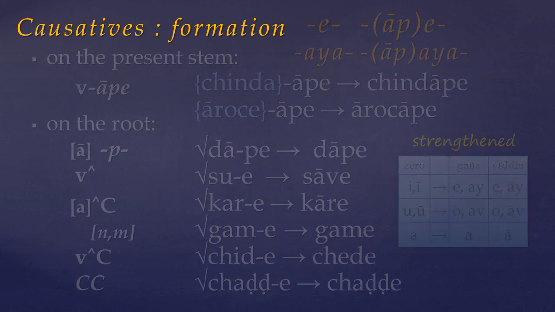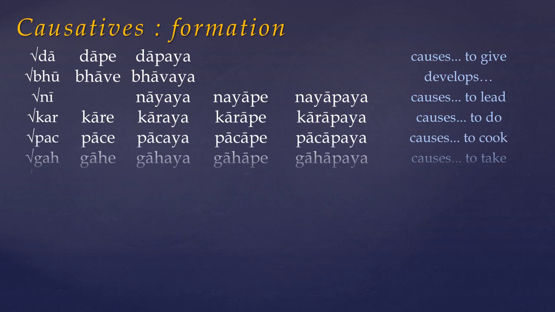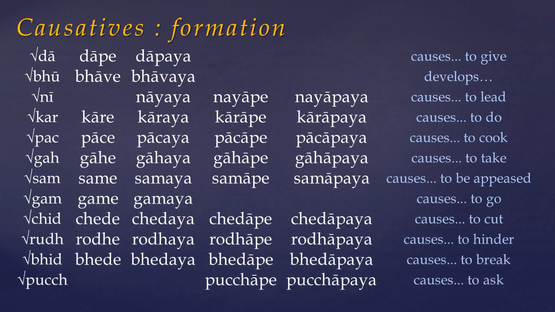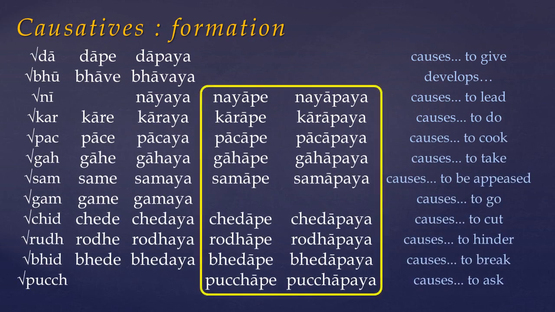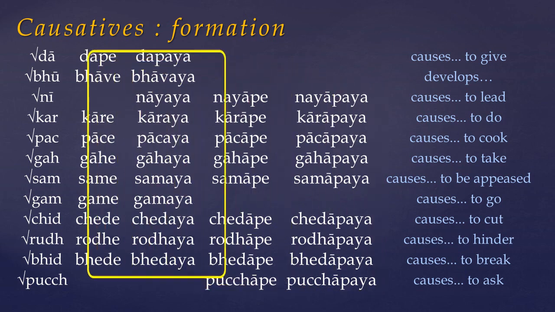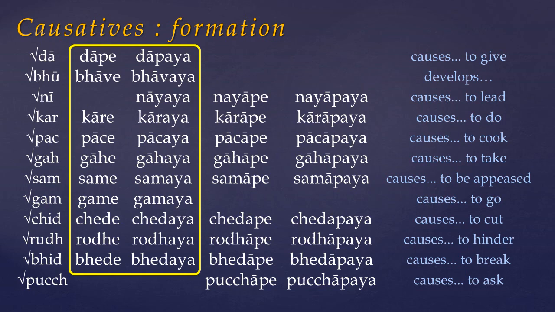So the result of this is that many verbs have multiple causal forms. We can see that a distinctive mark is that aya sound, though this is often contracted to e and aya. And these forms then resemble the seventh present stem verb class, which we looked at back in lesson 3.